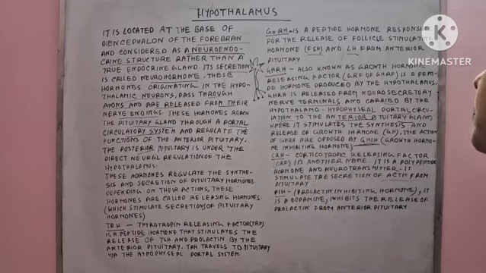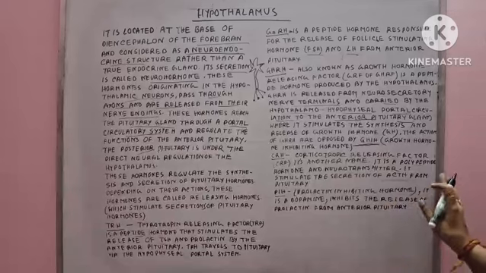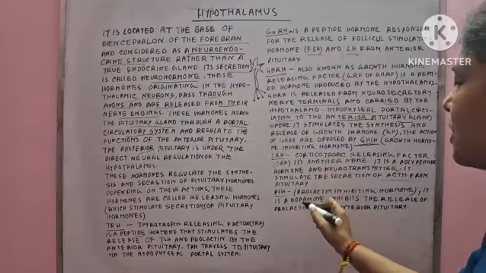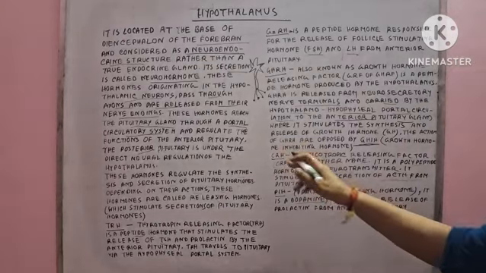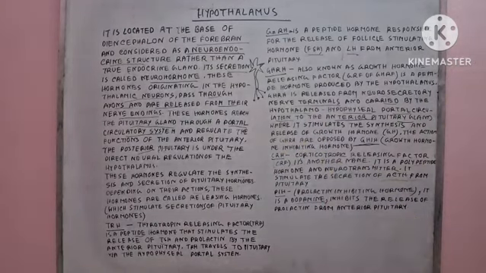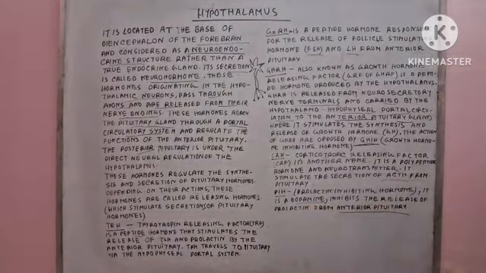Next one is PIH. PIH is what? Prolactin inhibiting hormone. This prolactin inhibiting hormone is one kind of dopamine. Clear? CRH was a neurotransmitter, and PIH is also one kind of dopamine, and it inhibits the release of prolactin hormone from the anterior pituitary.